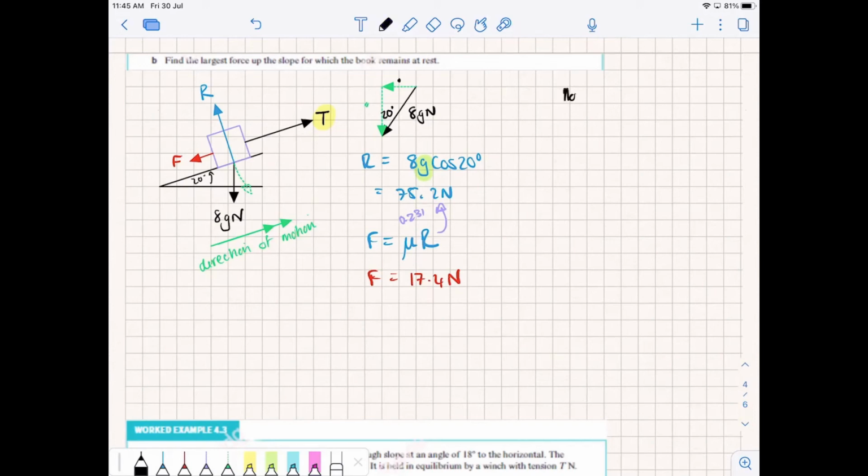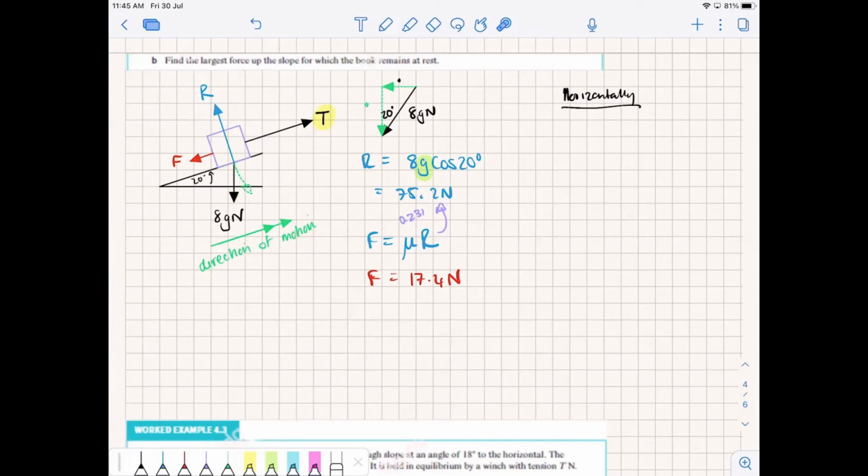Now we can just resolve horizontally to find the tension. So let's look at all the forces that are acting horizontally. We have this tension force acting up the hill. We have the friction preventing us from pulling the object up the hill. And then we also have this horizontal component here from the weight of the object that we mustn't forget about. It's easy to forget about this one sometimes. It's sort of hanging off at the bottom there.